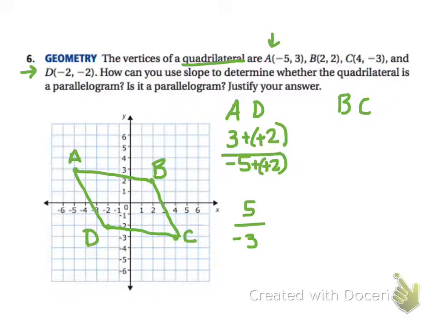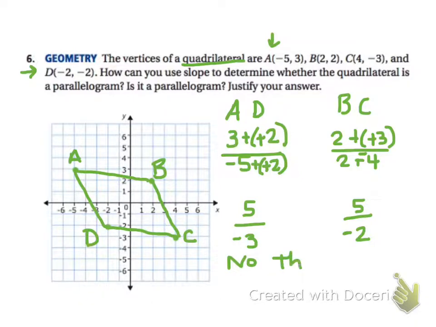I would be looking at coordinates B and C. So 2 minus negative 3 and 2 minus 4. So I would get 2 plus 3 is 5, and 2 plus a negative 4 is going to be negative 2. If the slopes are not the same, which they are not, then no, this is not a parallelogram.